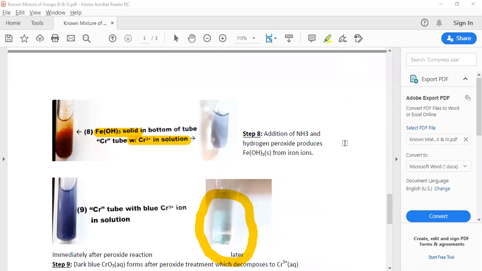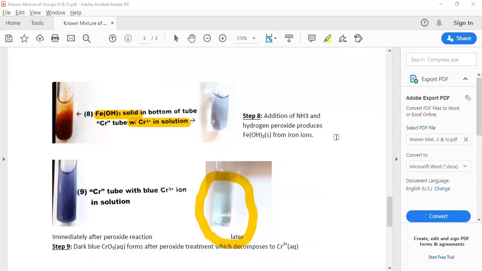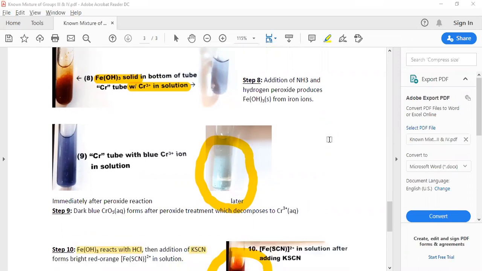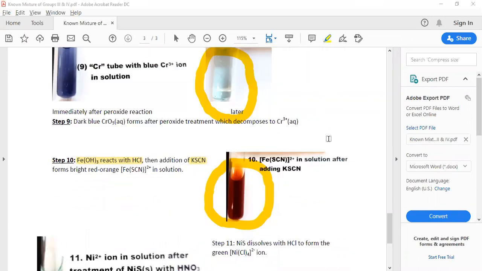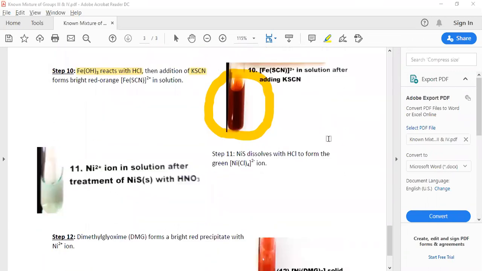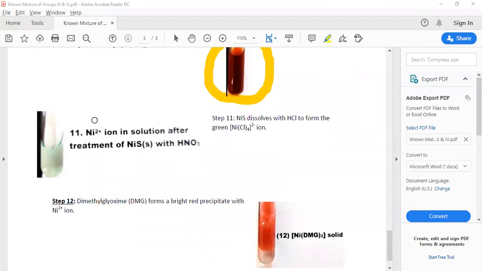We took that supernatant and we did the hydrogen peroxide sequence, right? First basic and then acidic to separate and confirm the iron and the chromium. And then with the nickel, after we treated it with the aqua regia, we got a light blue solution there.